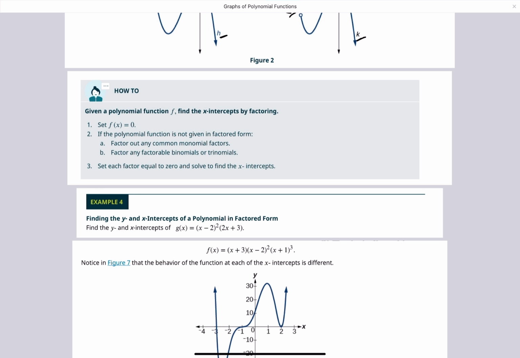But what they're telling you with trinomials is that, let's say we have x cubed plus 2x squared plus x. What you can do is take x as a common factor.